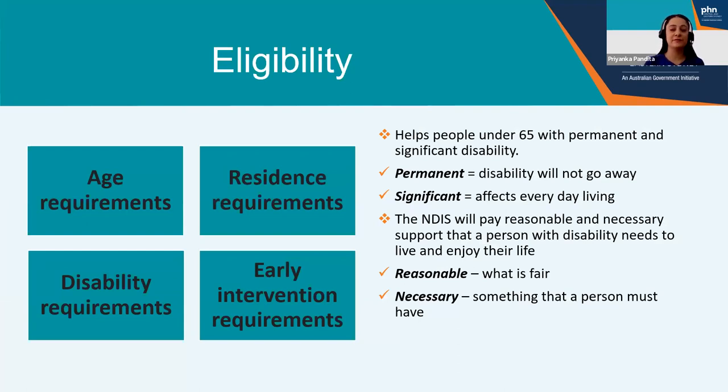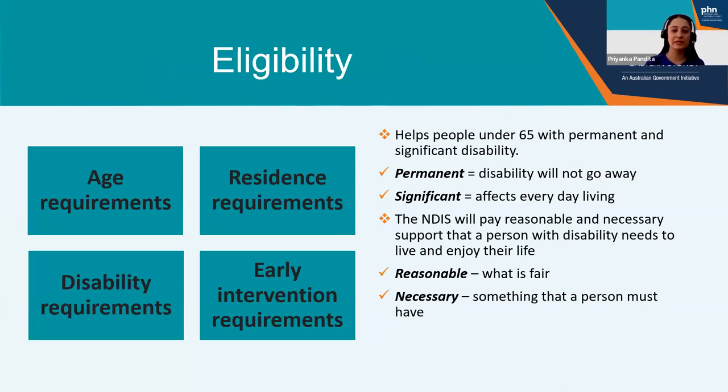Now, the eligibility for NDIS. NDIS has its own definition of disability in determining the eligibility for the scheme. There are age requirements, residency requirements, disability requirements, and early intervention requirements. A participant has to be under the age of 65 with a permanent and significant disability.